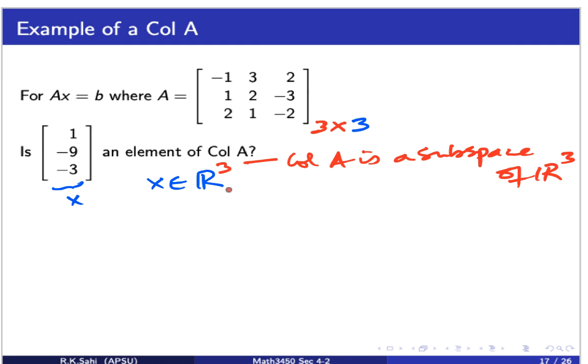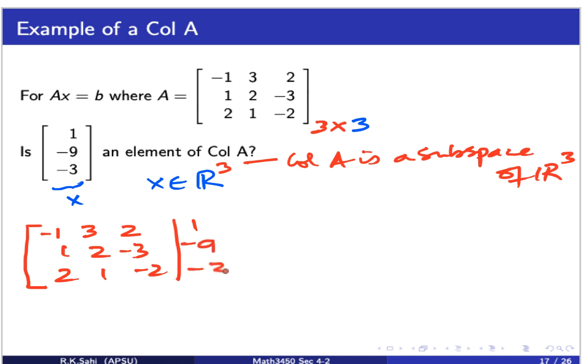Now, whether it is an element of the column space of A is basically asking whether this matrix equation is consistent. And if you remember the algorithm, you want to say that the augmented matrix, which is given by -1, 3, 2, 1, 2, -3, 2, 1, -2, 1, -9, and -3, is going to be workable.